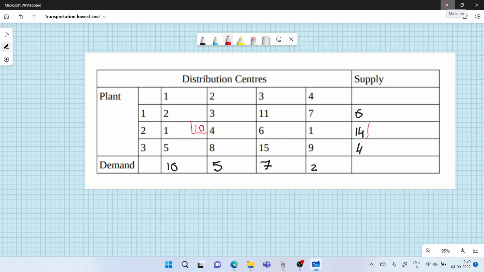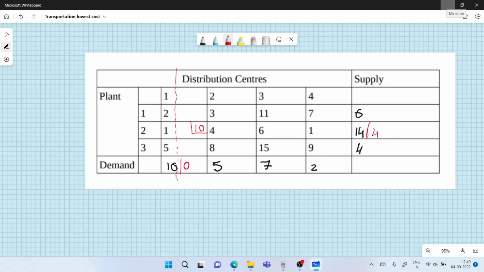So the leftover is going to now be 4 million liters from plant number 2, right? Now again, we strike distribution center number 1 because its demand has already been met. Now its demand is 0.